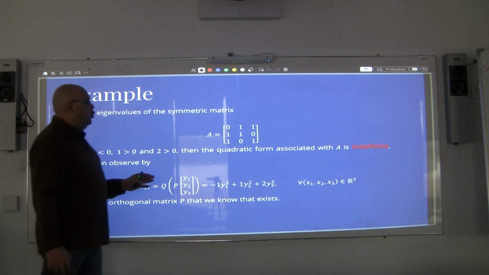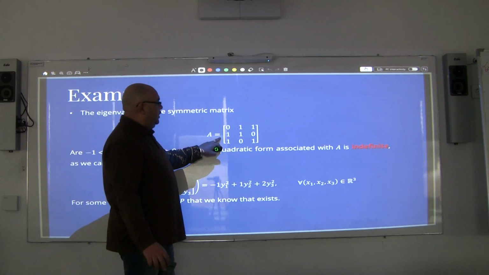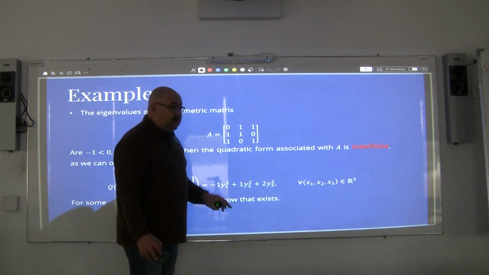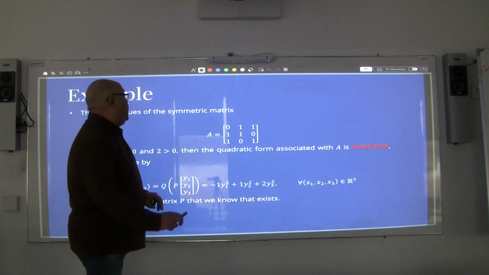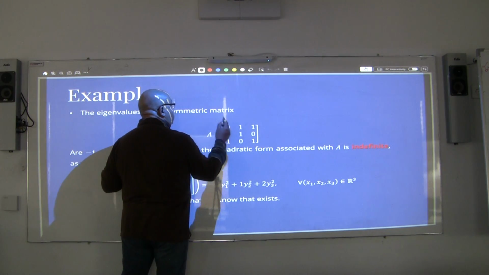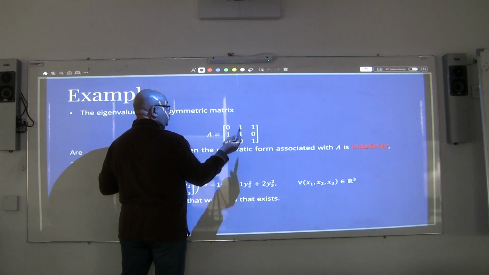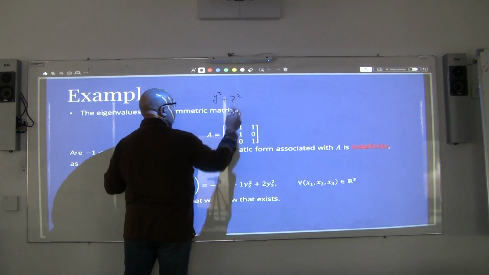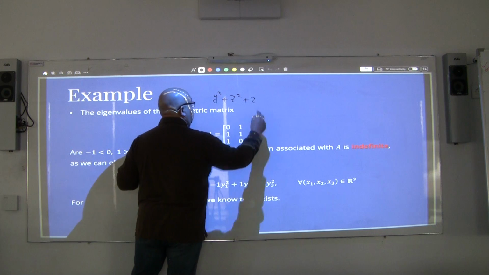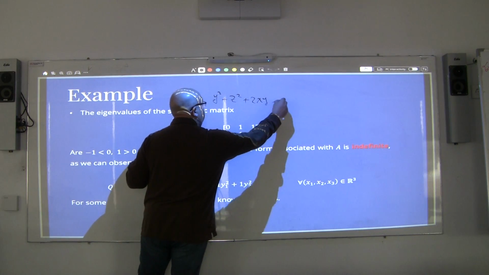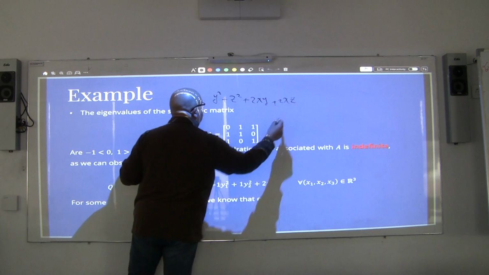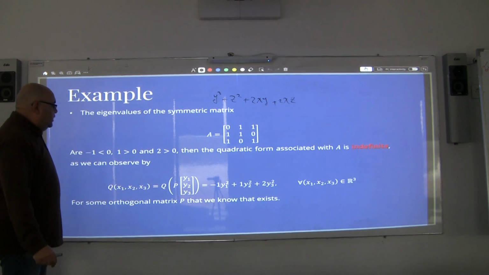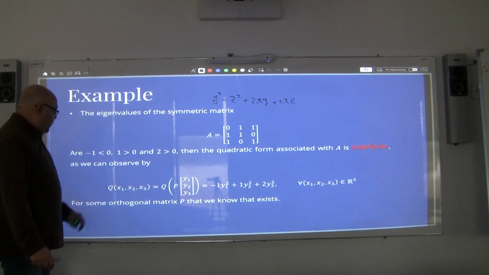I can write the equation of the quadratic form corresponding to this matrix, multiplying (x, y, z) by the matrix and by (x, y, z). Or simply, I can write the coefficient 0 times x squared, so there is no x squared, 1 times y squared, plus 1 times z squared, then plus 2xy, plus 2xz. That's the quadratic form relative to this matrix, in case you want to evaluate it.